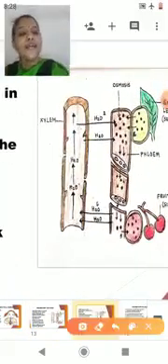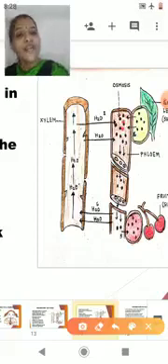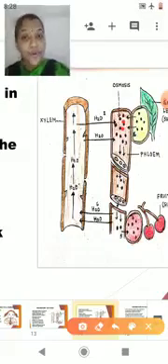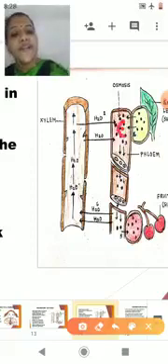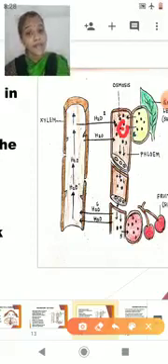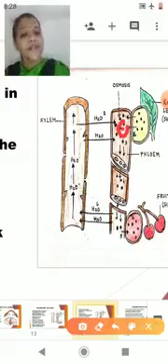Now students, you know that here there is solute as well as solvent, water as well as sucrose molecules. Because of which there is a high pressure gradient. This area has a high pressure gradient. Because of the high pressure gradient here and the low pressure gradient there, what will happen?